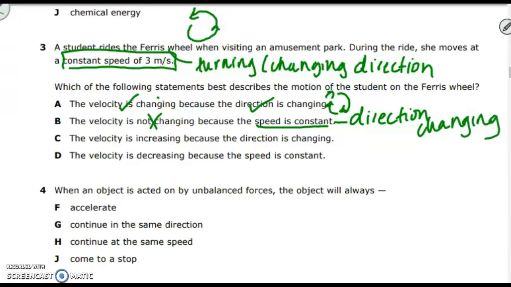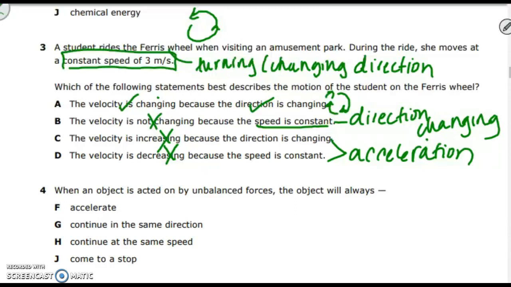The velocity is increasing because the direction is changing. Velocity is not increasing. That would be acceleration. That would not be velocity. And the velocity is decreasing because the speed is constant. Again, those two would both be acceleration, not velocity.